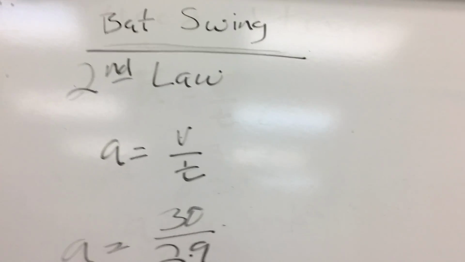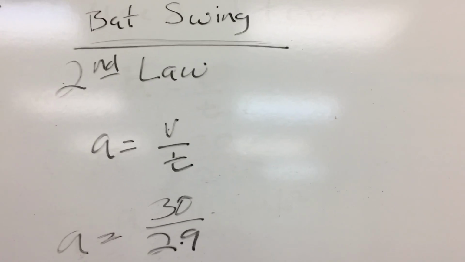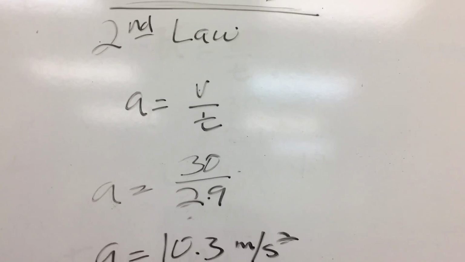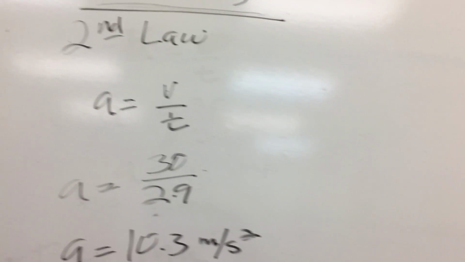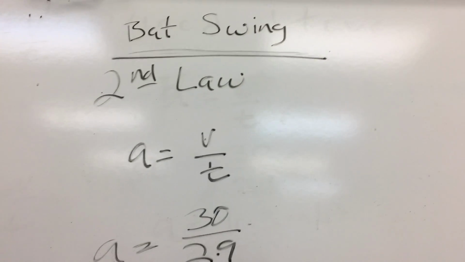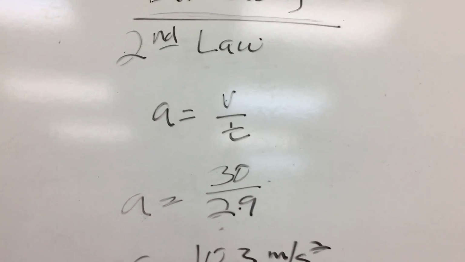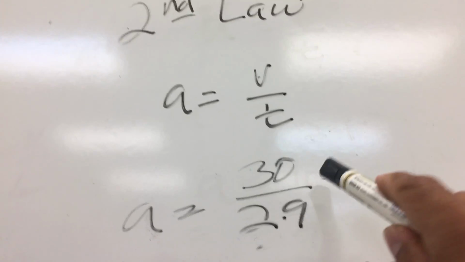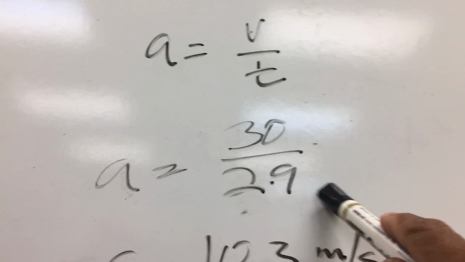All right, so based off of that law, we're going to say the speed and acceleration of the bat is equal to the speed and acceleration of the ball as it goes through. Okay, so acceleration is velocity over time. Our velocity is 30 meters per second over time, which is 2.9 seconds.